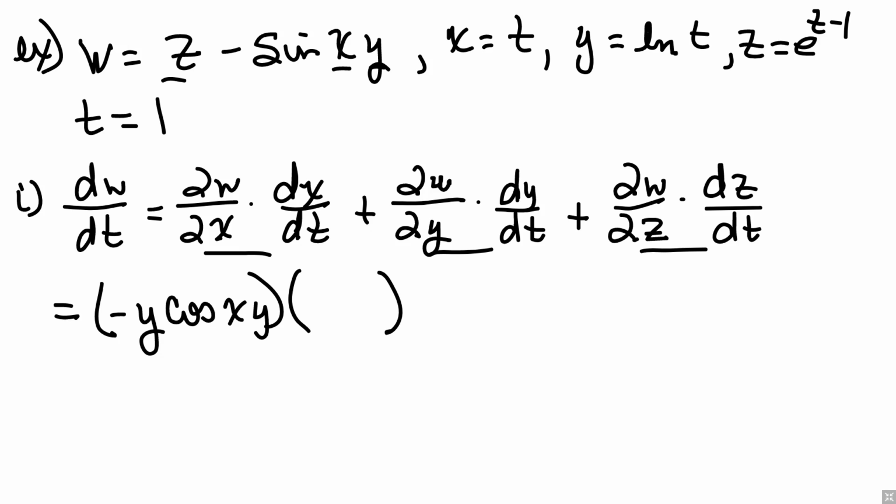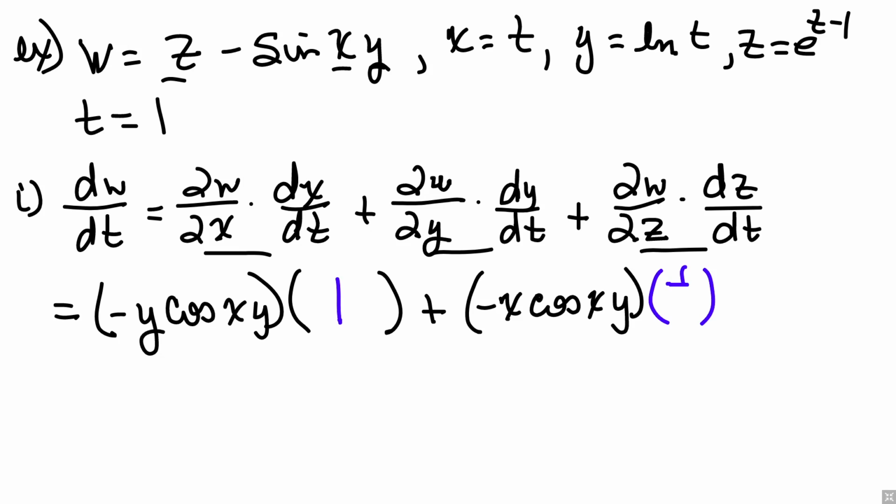We're going to get 1. Plus, now the partial of w with respect to y. What will we get for that? Yes, negative x cosine of xy, times the derivative of y with respect to t.